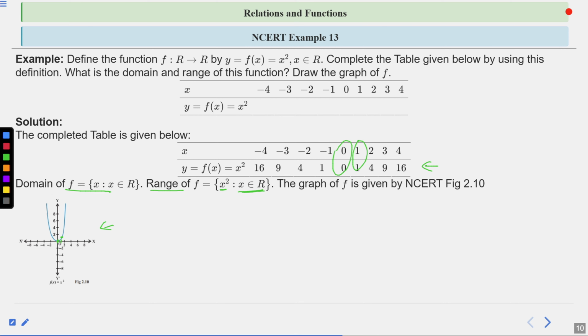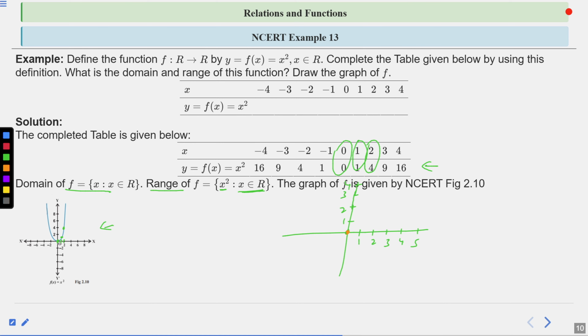Now 2 comma 4. If you plot this point, suppose this is your 1, 2, 3, 4, 5, the same 1, 2, 3 and 4. Clear?